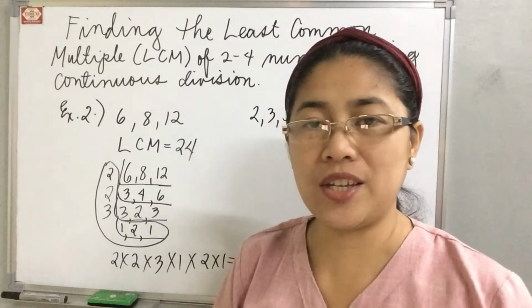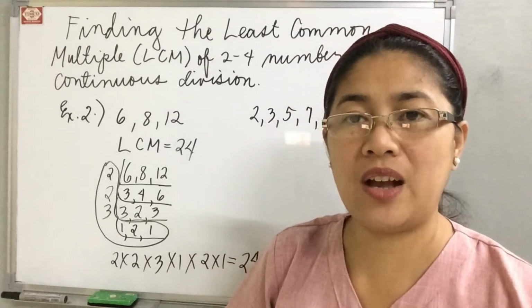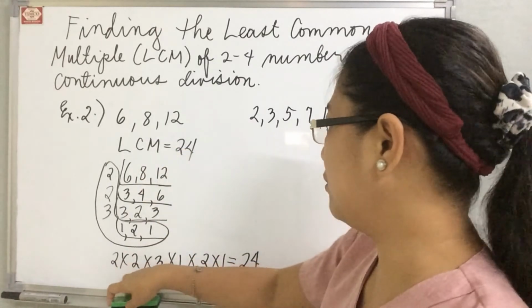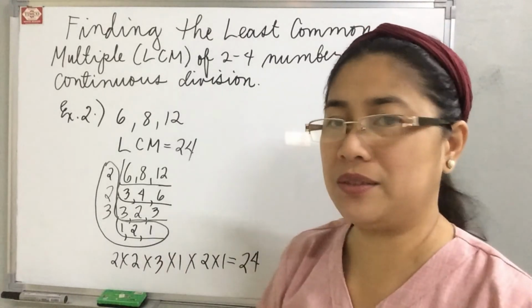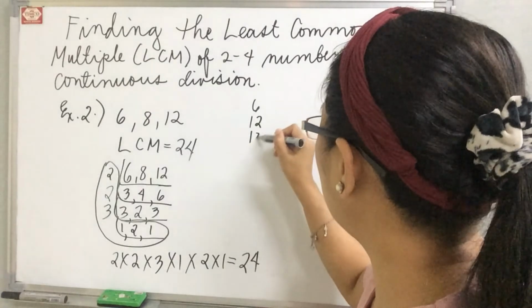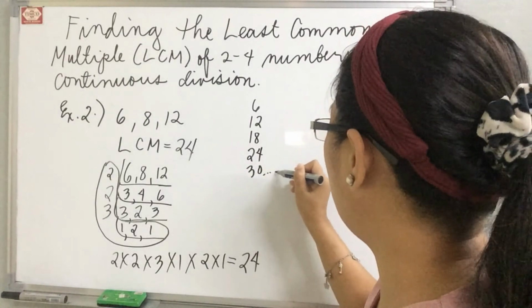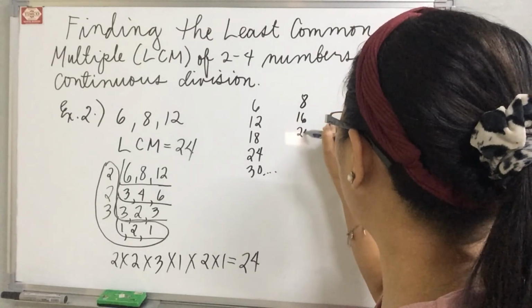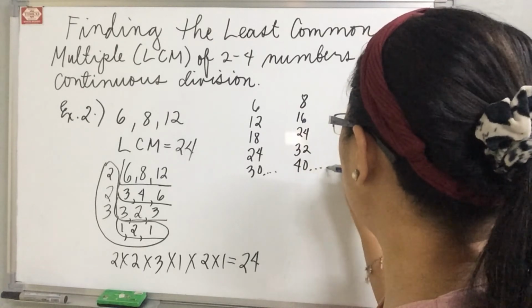Now, let's check if our answer is correct by listing down all the multiples of numbers 6, 8, and 12. Or let's have the skip counting. Okay? So let's skip count. We have 6, 12, 18, 24, 30, and so on. We have 8, 16, 24, 32, 40, and so on.